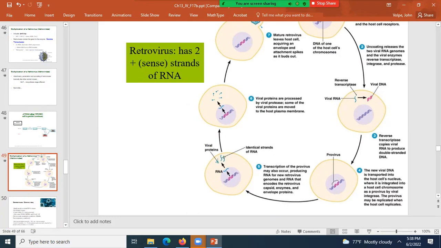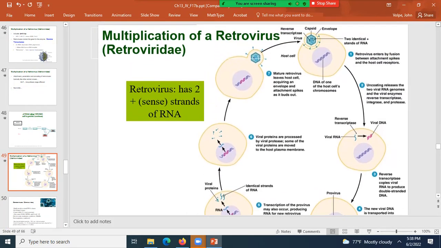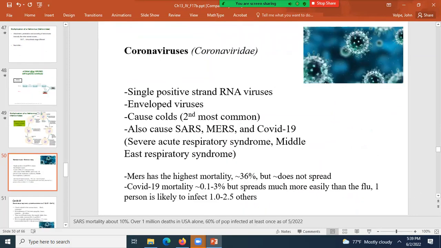which I've actually already talked about here. The retrovirus attaches to the cell, gets inside the cell, makes the viral DNA. The viral DNA integrates into a host chromosome. Oops, too far.